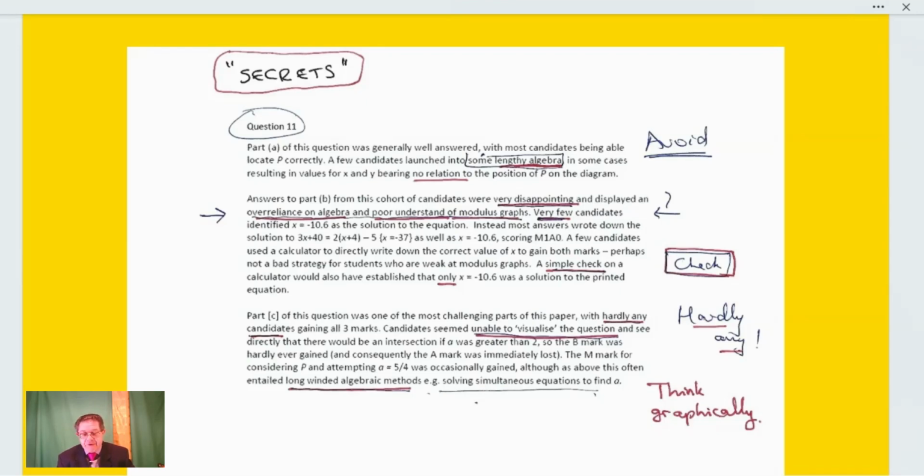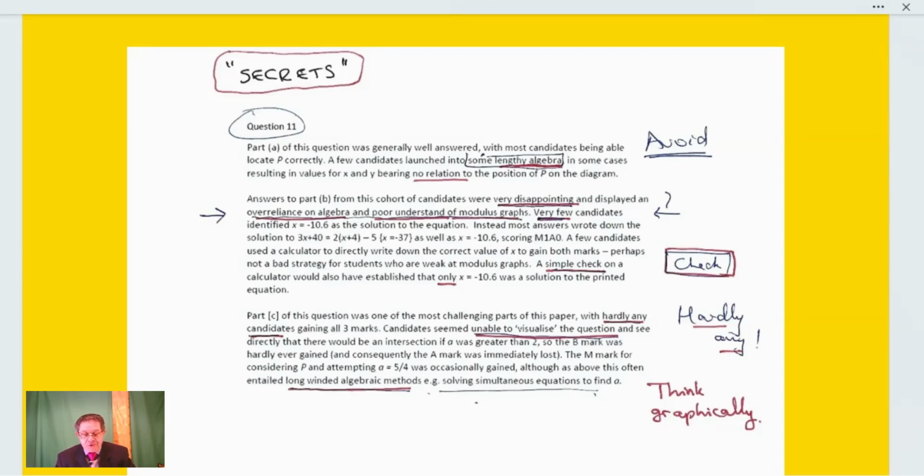Moving to part B, from this cohort of candidates, answers were very disappointing and displayed an over-reliance on algebra and poor understanding of modulus graphs. Very few candidates identified minus 10.6 as the solution.